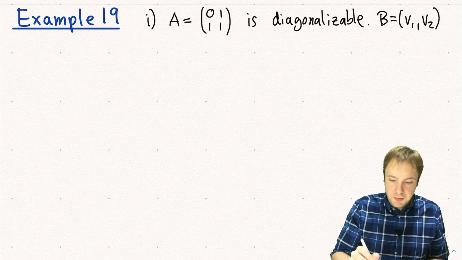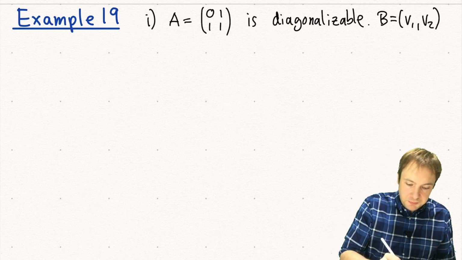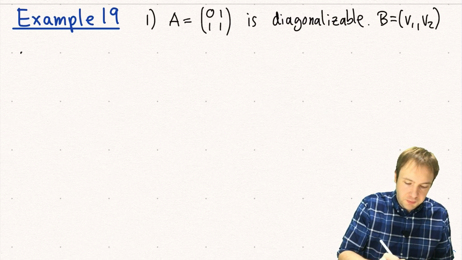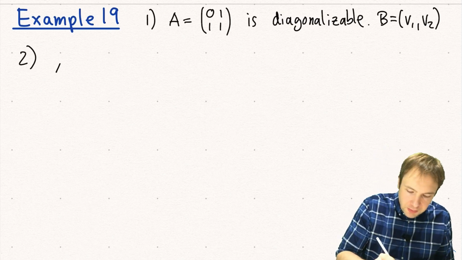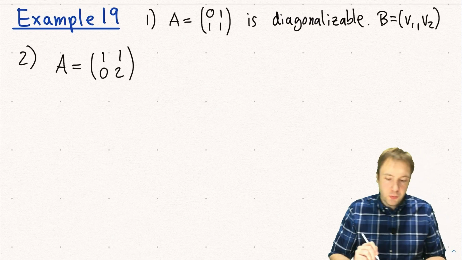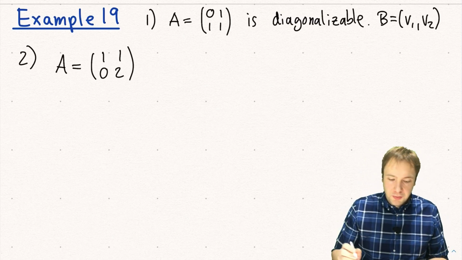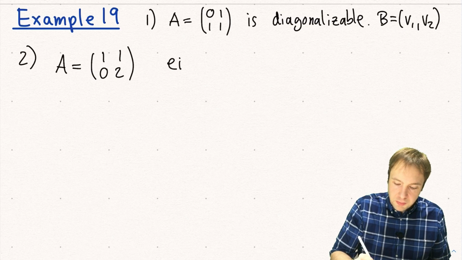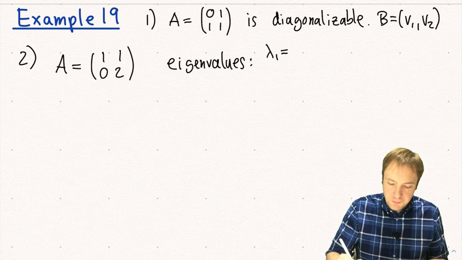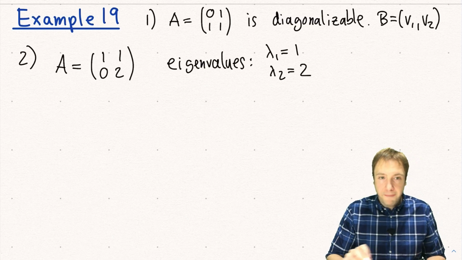And now another example. So let's take this matrix 1, 1, 0, 2. You can check the eigenvalues. The first eigenvalue is 1, and the second eigenvalue is 2.